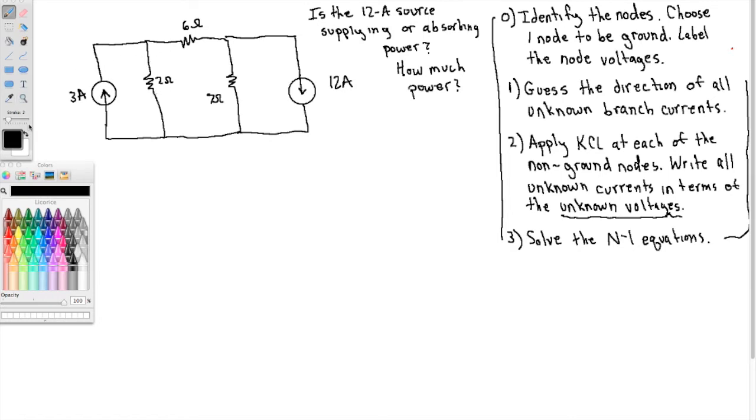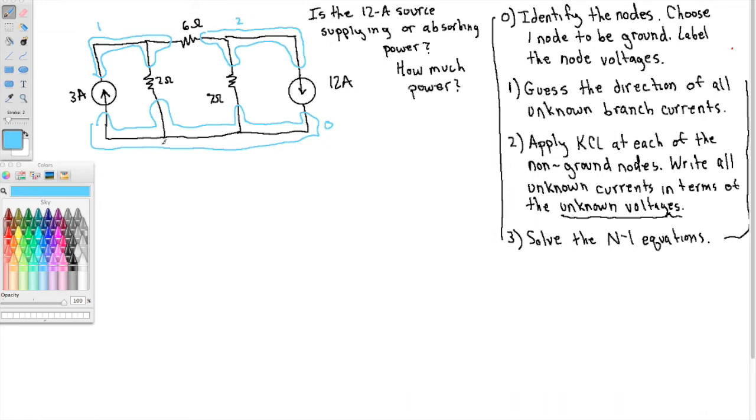No resistors are in series or parallel. Notice if we identify the nodes, here's a node, call that node 1. Here's a node, call that node 2. Here's a node, call this node 0.